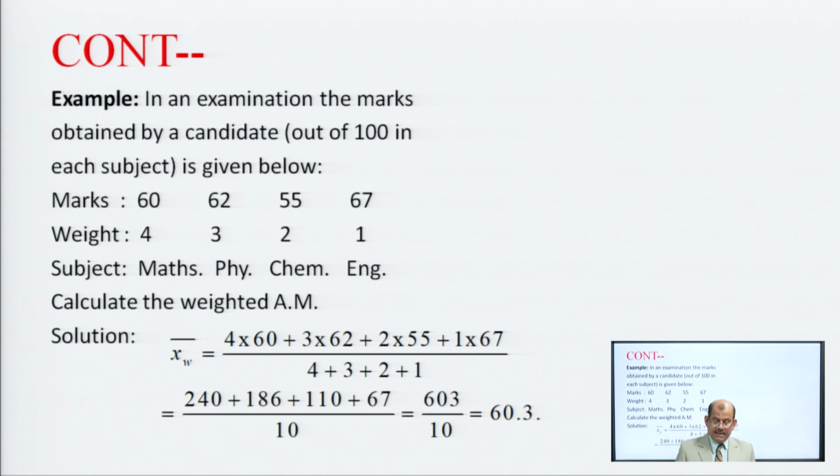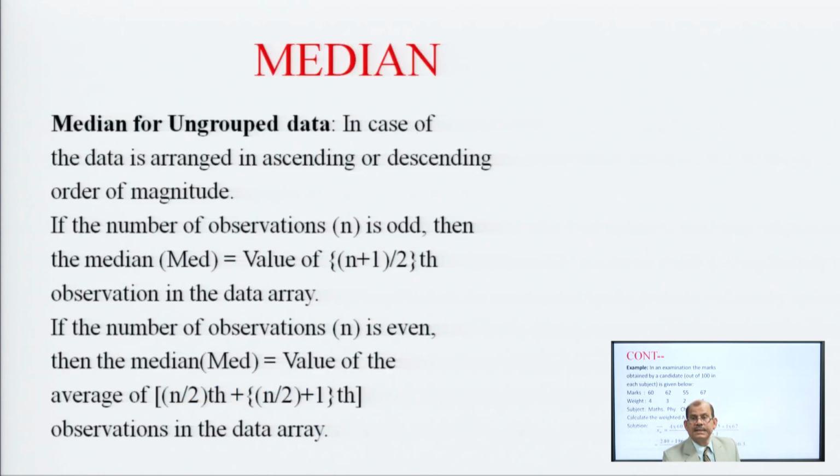It is equal to (240 plus 186 plus 110 plus 67) divided by 10, which is 603 by 10, equal to 60.3. So the weighted mean of this example is 60.3.